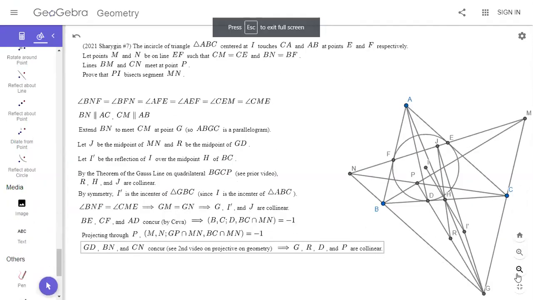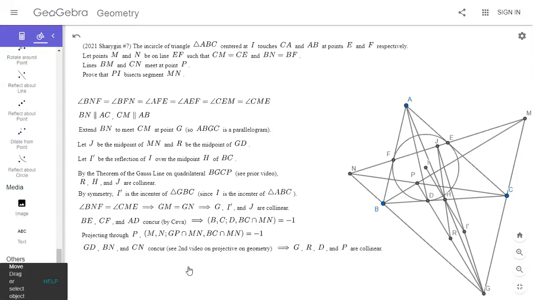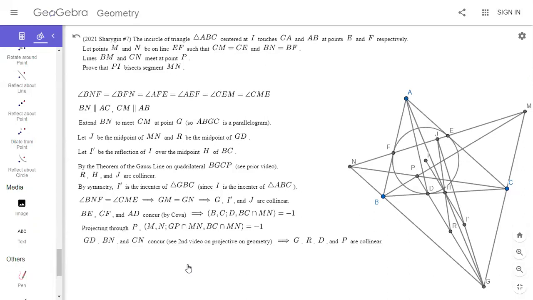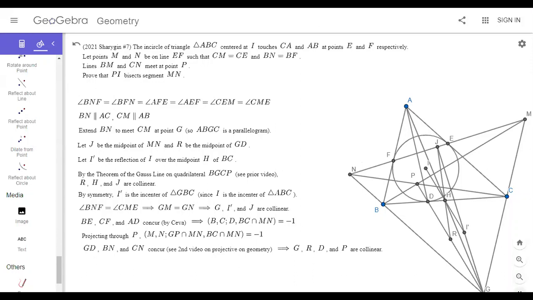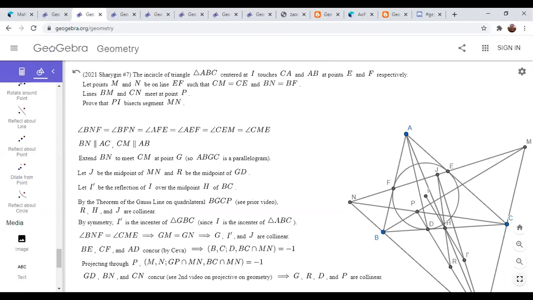I'm sorry, this cut off a little bit, but G is this bottom point, right? So that's the same segment, right? All right. Oh yeah, sometimes it just gets cut off. Yeah, it's so weird.